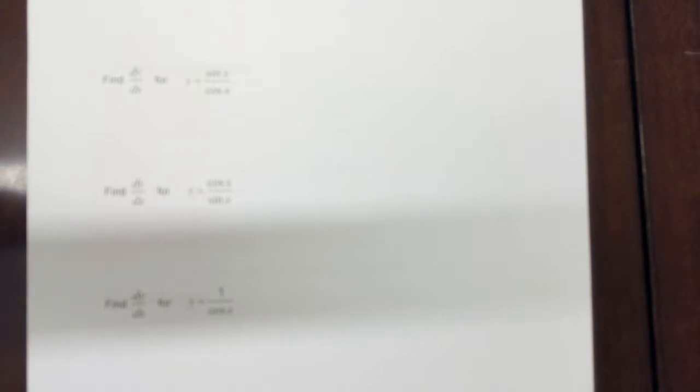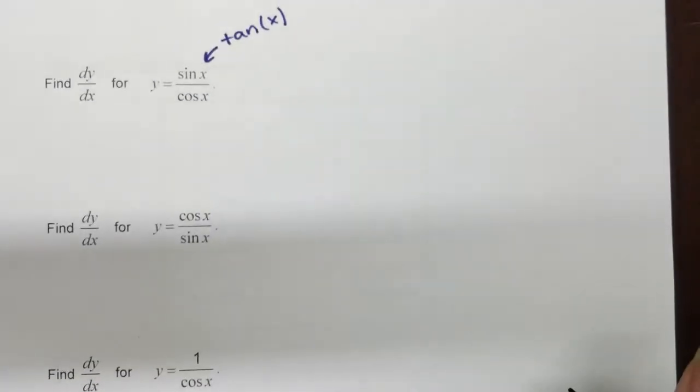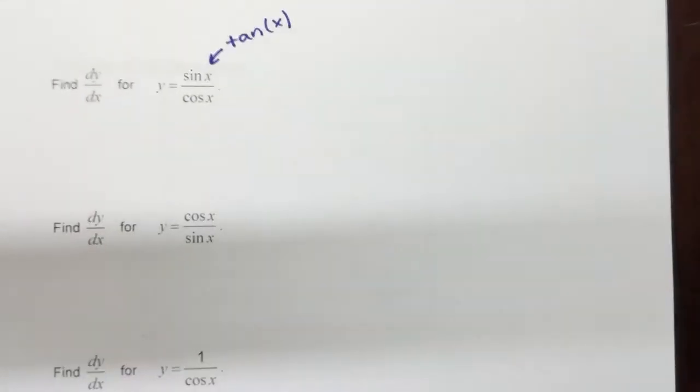So this first derivative that we are finding on page 2 is sine of x divided by cosine of x, which we know is the same as just finding the derivative of tangent of x. So in this derivative, we have a u and we have a v.